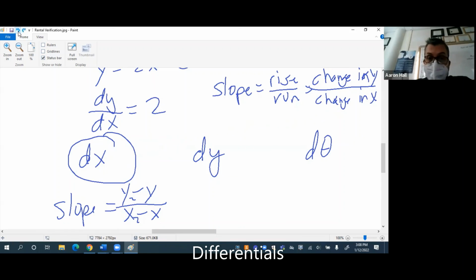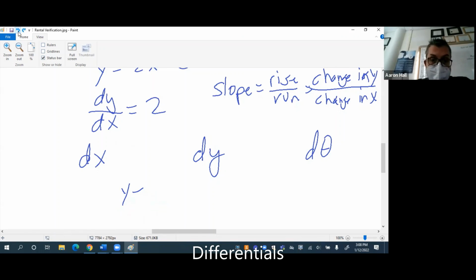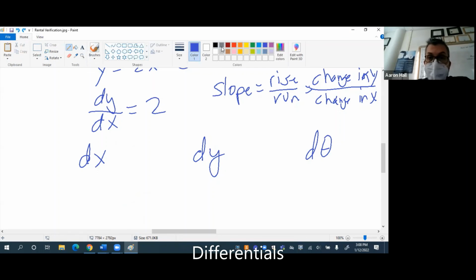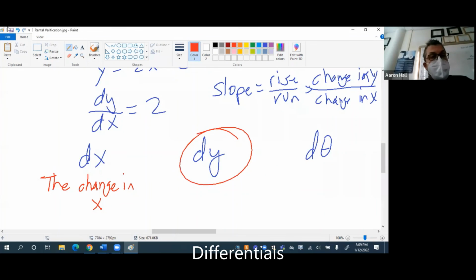So this piece here by itself means what? Yeah, that's the change in x. By itself, that just means the change in x. I'm going to use red. The change in x. What's this one?